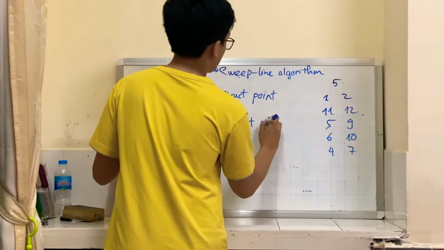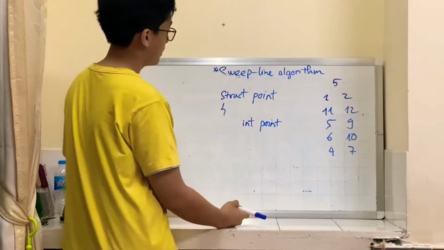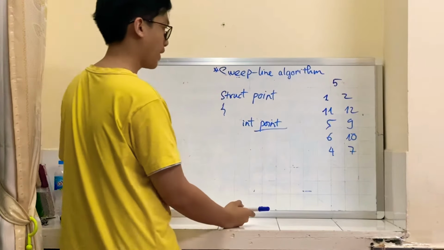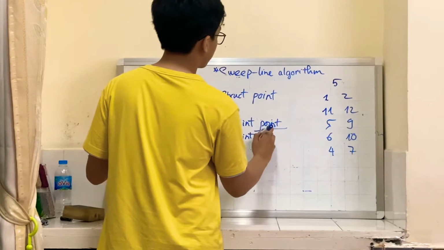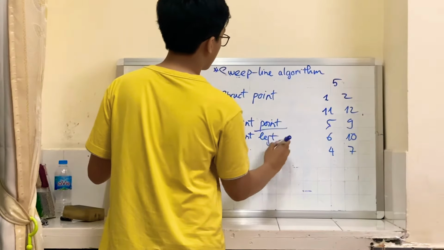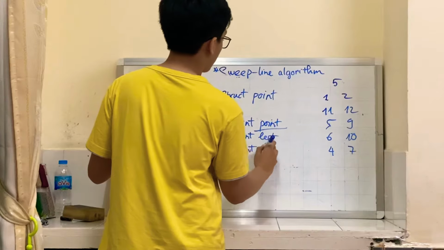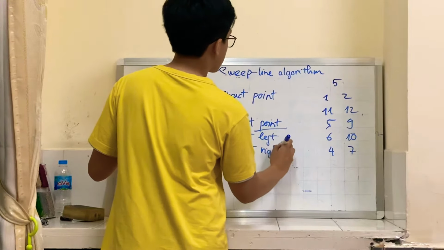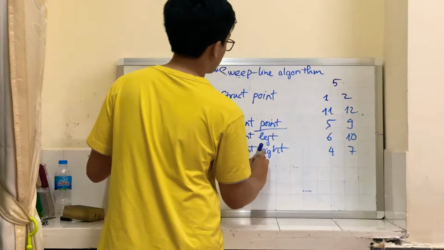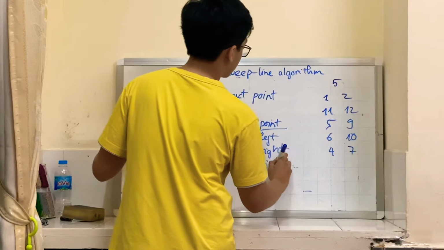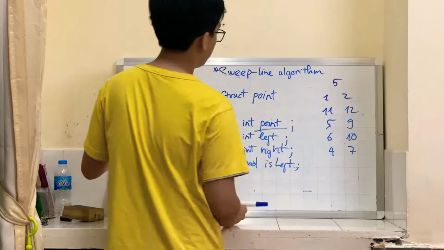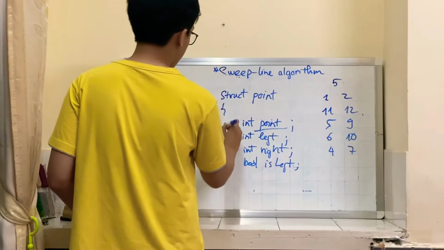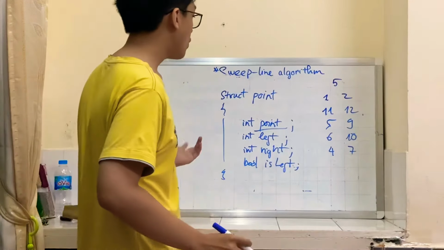This is the value that we sort. Okay, we used to sort, and then we save the left one, and we save the right one, and then we have one Boolean variable, is left. Why is left?